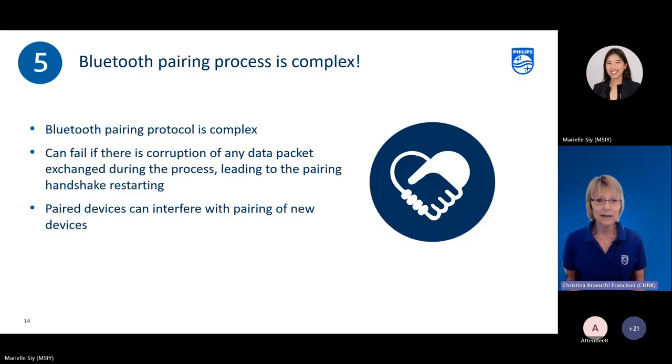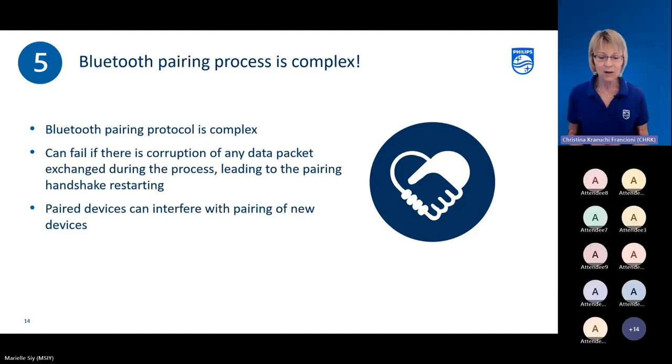So we have seen that this Bluetooth and connectivity is very, very complex, and so many things can go wrong because there are so many different possible sources of interference that, yes, Bluetooth is and remains a tricky part.